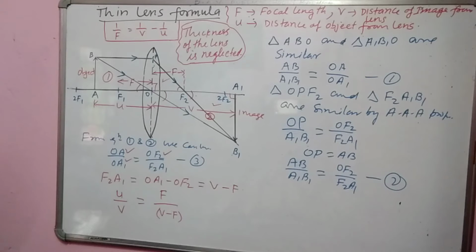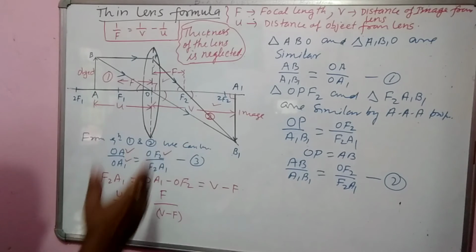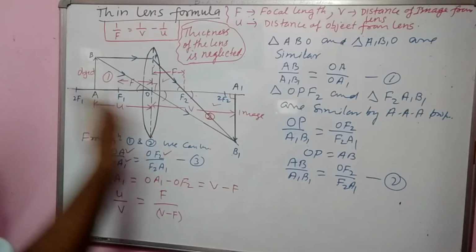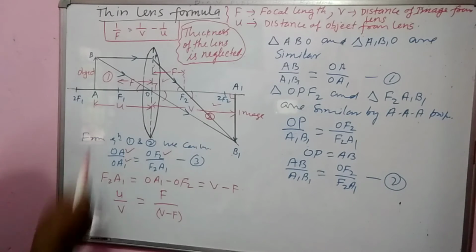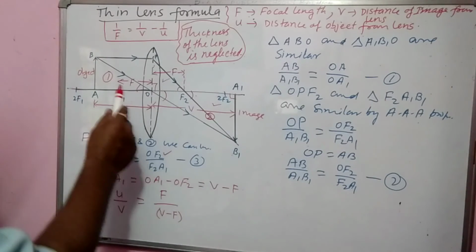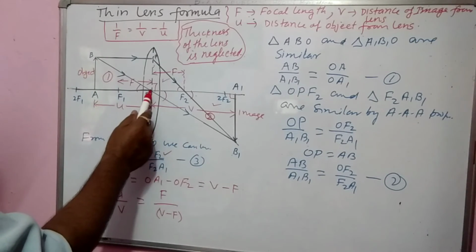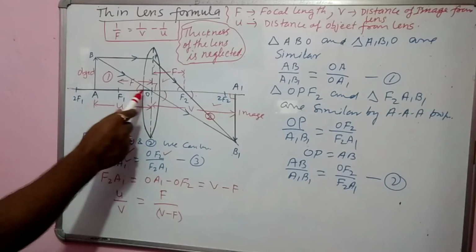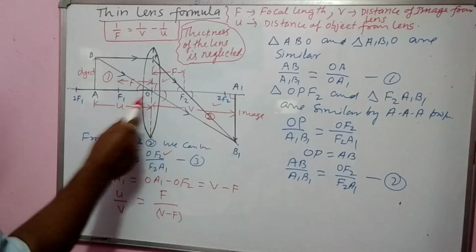Now we have to use sign. As we know, distance should be measured from the optical center, and the optical center is O, and distance is measured in the direction of the incident light ray. The incident ray is directed along this direction. So if we measure from O in this direction, it will be positive, and from O in this direction it will be negative.